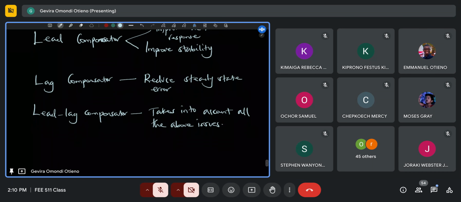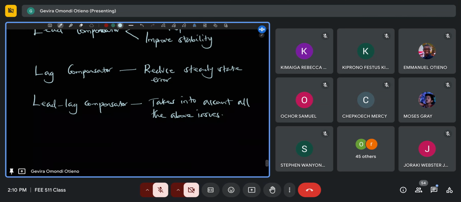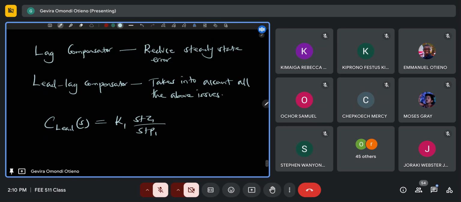The other thing that I expect that we remember is that for the lead compensator, we had this transfer function we were expecting. Let me just use a different case: S plus Z1 over S plus P1. So that is the design for the lead compensator.